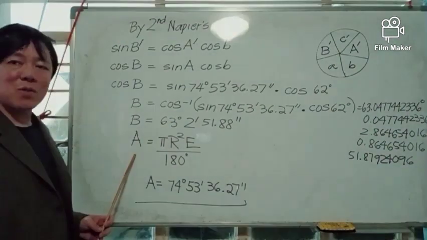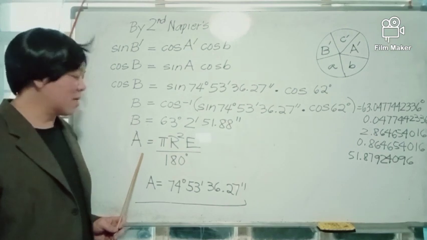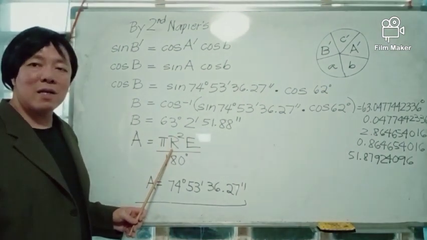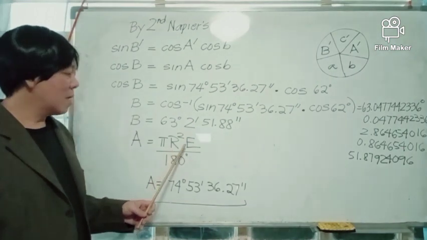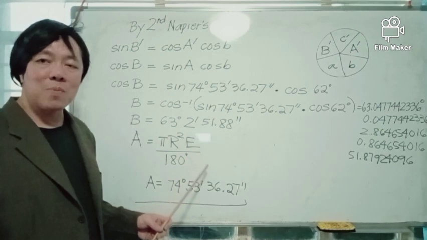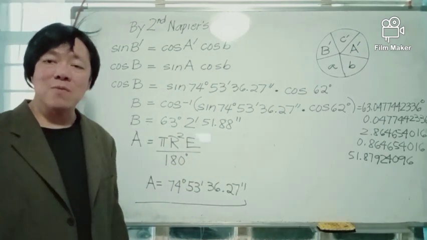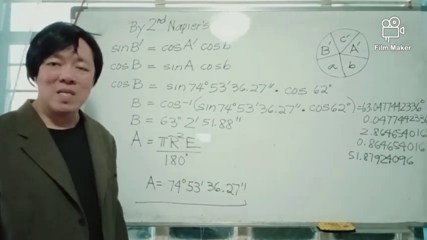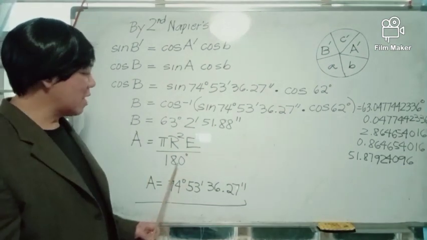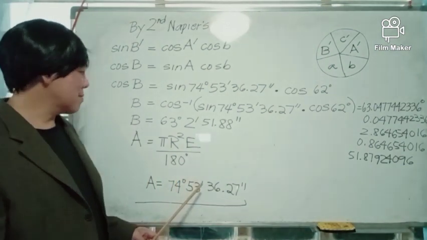This is the formula to calculate the area of the spherical triangle: pi multiplied by the square of r, where r is the radius of the sphere, multiplied by the spherical excess, which is obtained by subtracting 180 from the sum of the three surface angles of the spherical triangle, and dividing the product by 180 degrees.